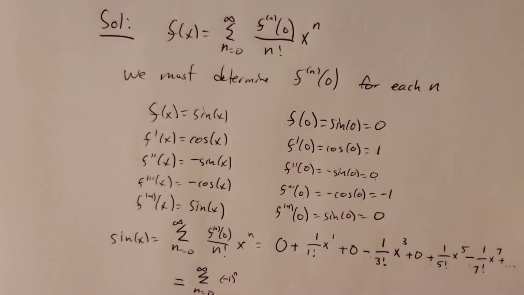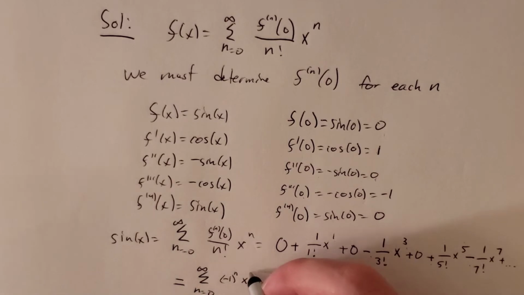What are our exponents? Our first exponent is 1, our second is 3, our third is 5, and our fourth is 7. So this is the formula 2n plus 1, so we get x to the 2n plus 1.